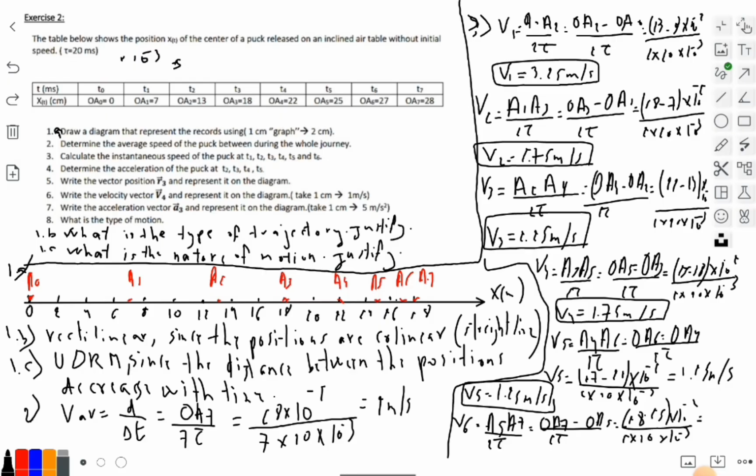It's equal to 0.75 meter per second. So V6 equals 0.75 meter per second.